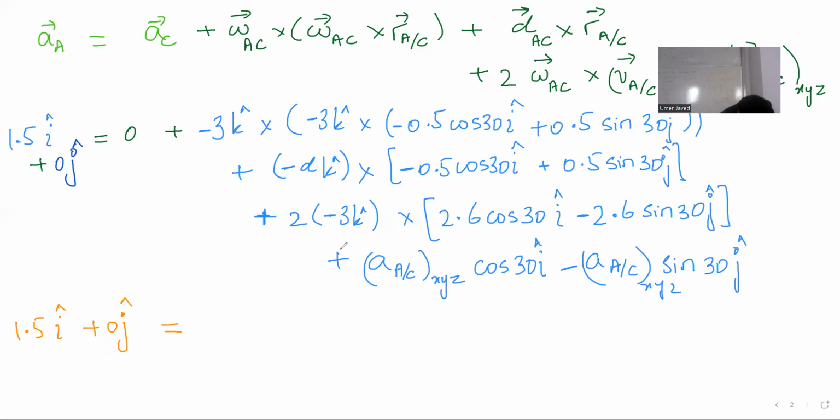I have in the previous time I wrote zero j. So I wrote it as 1.5 equal to... I think... hang on for a second.